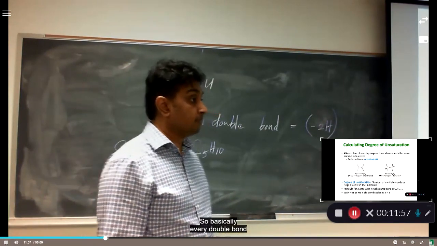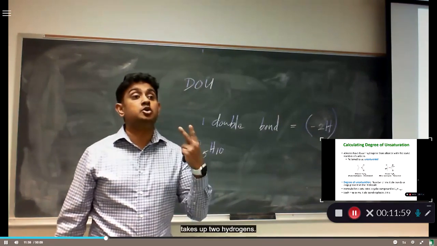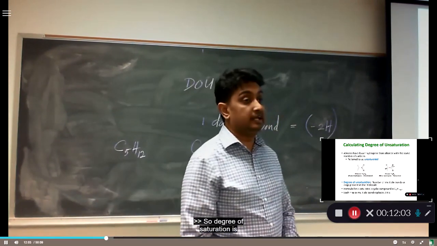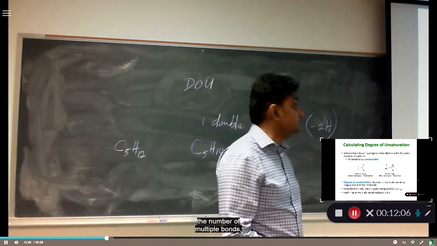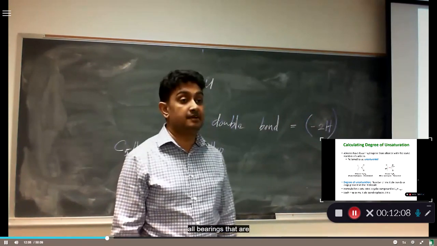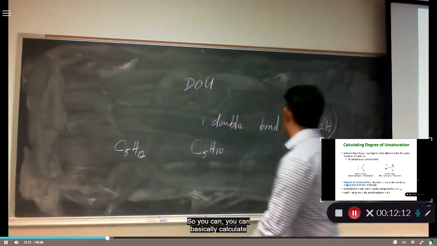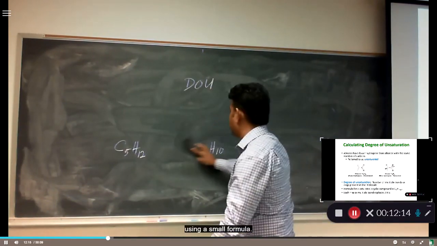Every double bond takes up 2 hydrogens. So degree of unsaturation is the number of multiple bonds or rings that are present in a molecule. You can calculate the degree of unsaturation using a small formula.